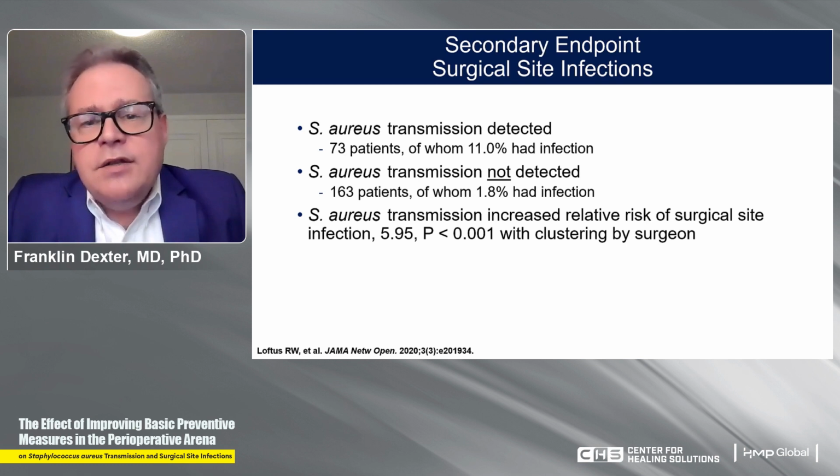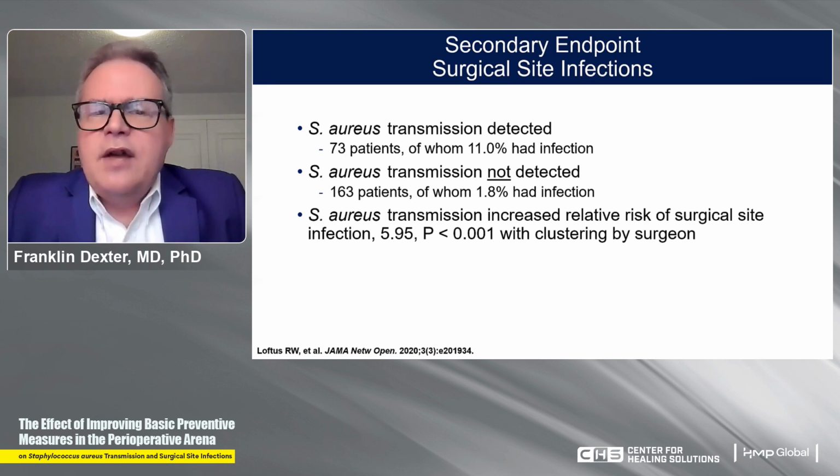Some patients in both groups, mostly the ones who got usual care, had Staphylococcus aureus transmission during the case or between cases. There were 11% of the patients with transmission who developed surgical site infection. And among the patients without transmission, 1.8% had infection postoperatively. If we take the ratio of 11% to 1.8%, that's 5.95.